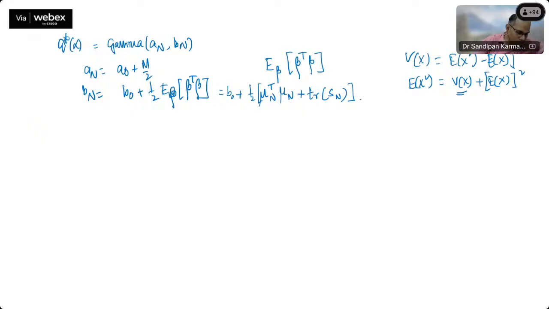Now we are coming to find out the parameters for beta, and that will come in almost the same way.